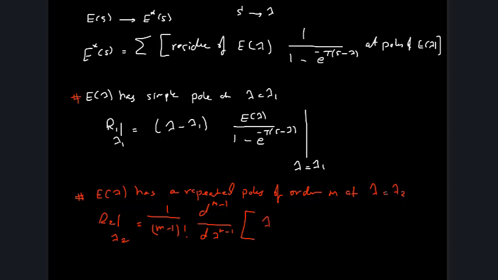Then we multiply lambda minus lambda 2 to the order m by the E of lambda over 1 minus exponential minus t of s minus lambda, and this one will be evaluated at lambda equal to lambda 2. So let's take example for evaluating the E star from E of s.